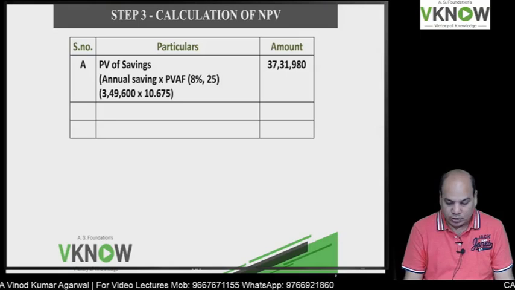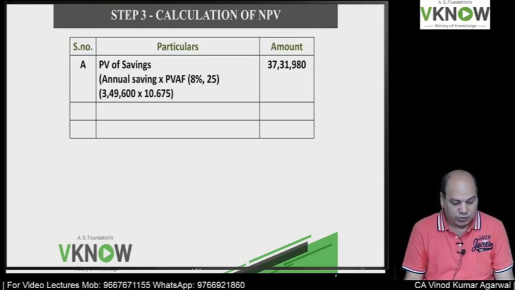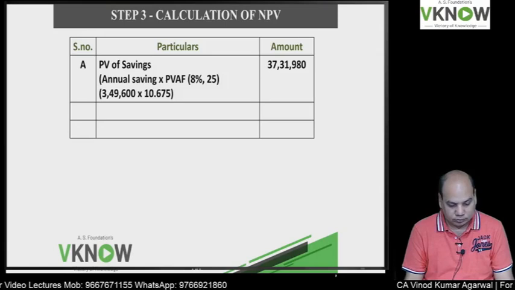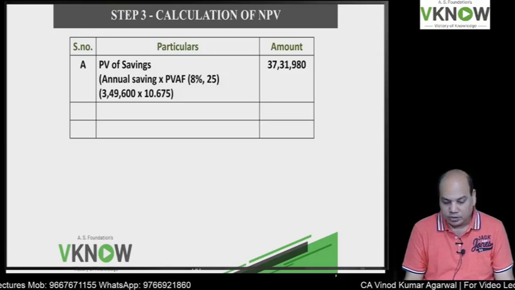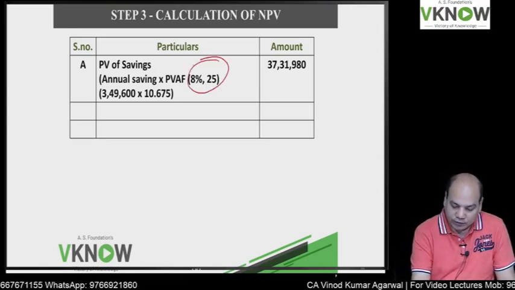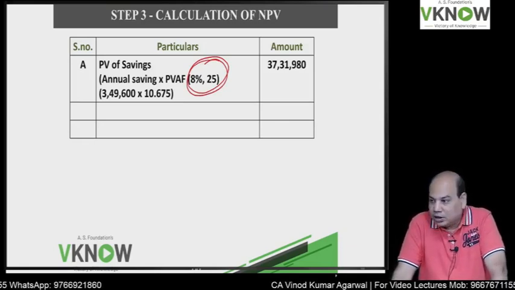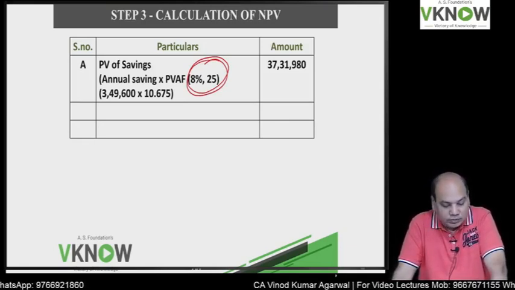PV of saving will be annual saving into PV annuity factor, 8% comma 25 years. So take on your calculator the annuity factor for 8% and 25 years and multiply by 3,49,600.